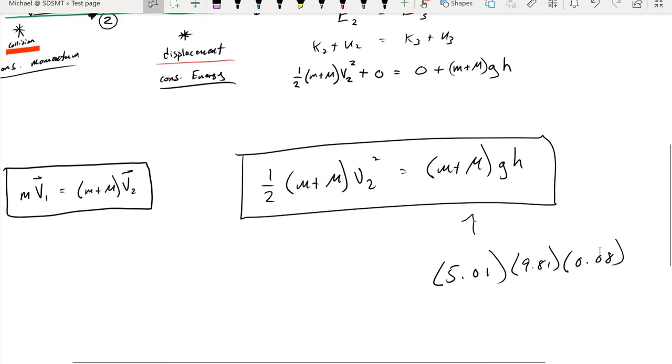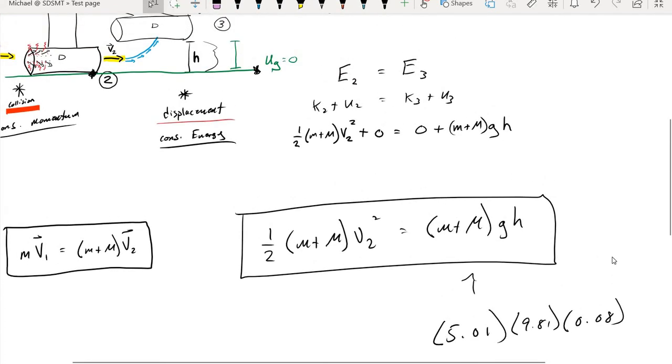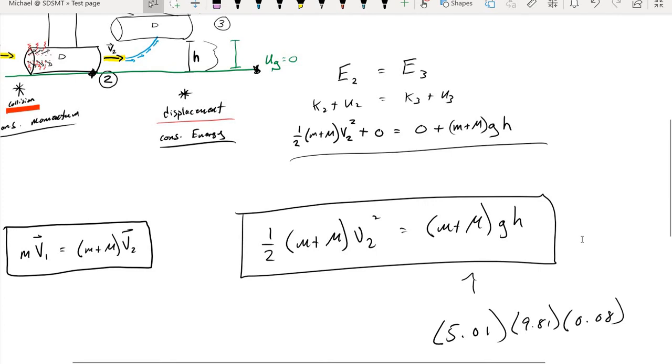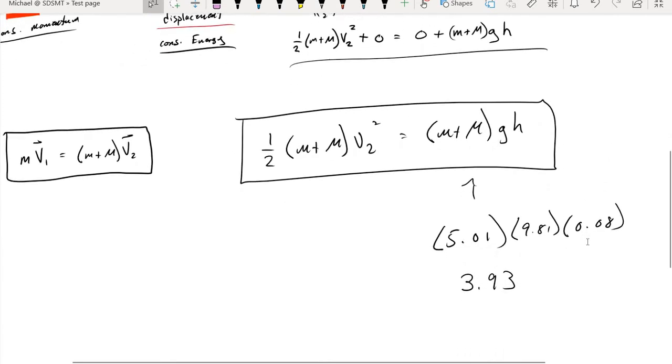Get the calculator app open. 5.01 times 9.8 times 0.08. This equals 3.93. Keep in mind that this is from our conservation of energy equation, so this means we have 3.93 joules of energy present at that location.